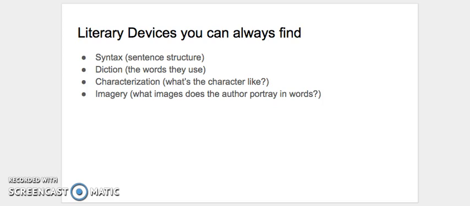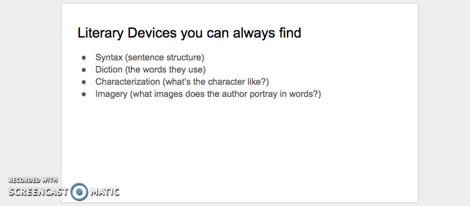There's also characterization, and often I find that when a tutee comes to me wanting to use plot to argue a topic, what they're essentially trying to do is to use characterization. Characterization just refers to how the author portrays a character, what motivates the character, what a character's qualities are. Essentially, how does the author build the character?